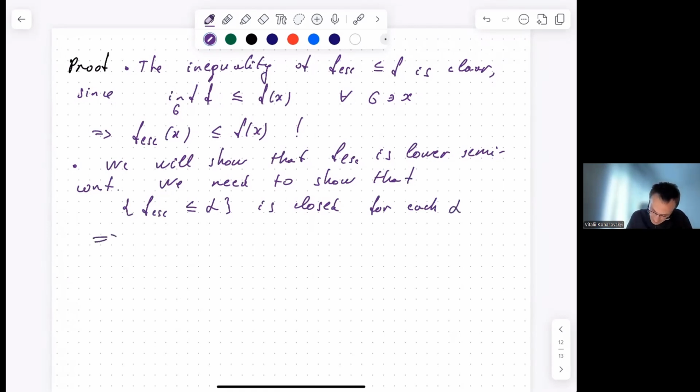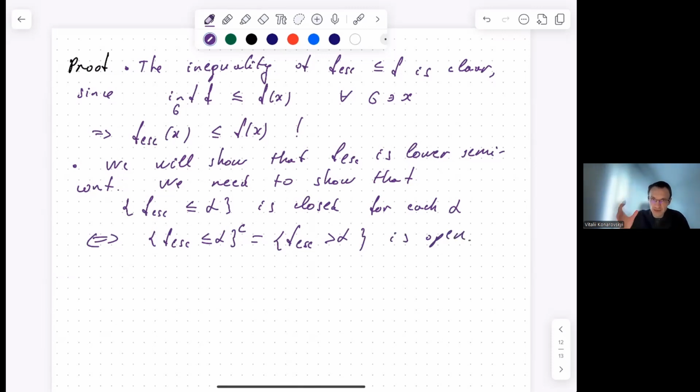But this is equivalent to the claim that the complement, that is, the set of arguments of the function where its value is larger than alpha, is open.